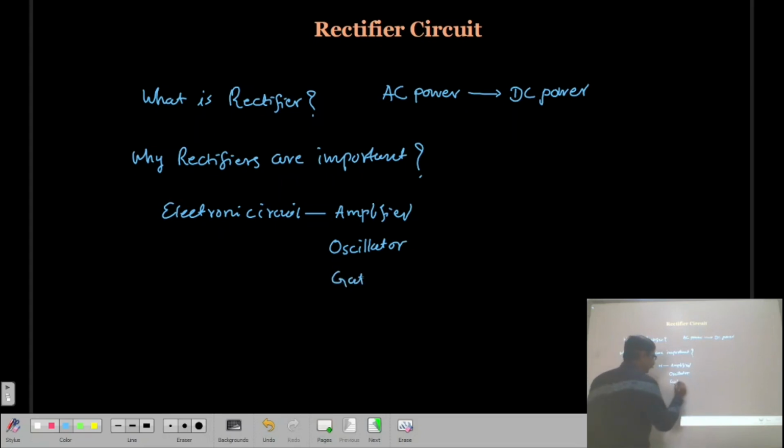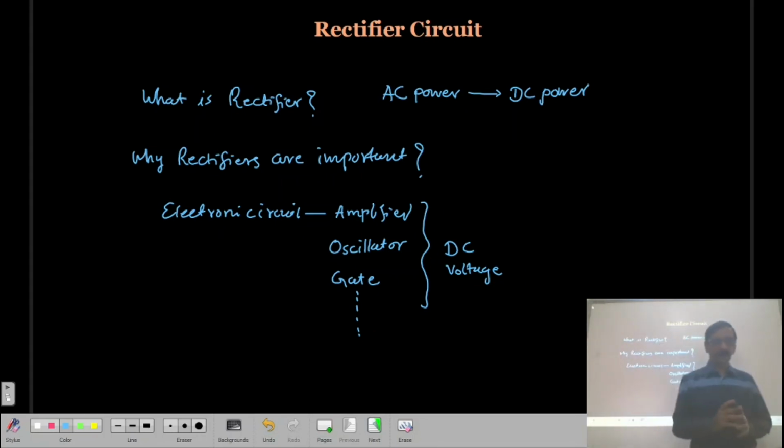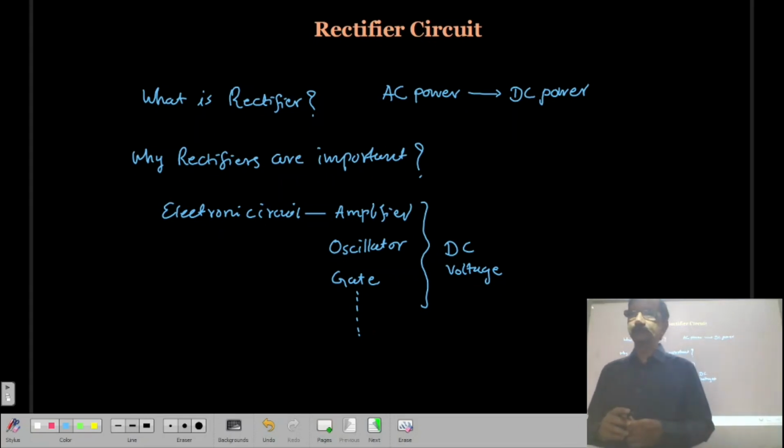If we have an AND gate, OR gate and different gates, and a number of circuits, then all these circuits operate with DC voltage. If you do not provide a DC voltage, then the circuit will not work. So the simple thing is that to operate any electronic circuit, we require a DC voltage.